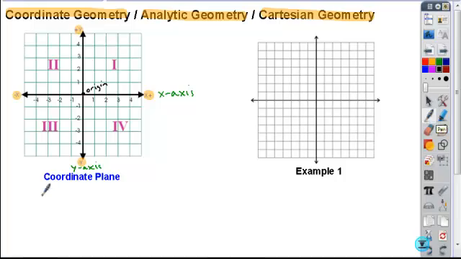And when we talk about the coordinates, we're talking about an ordered pair. And the ordered pair is just some set of coordinates x, y that allow you to specify a location for any geometric elements.